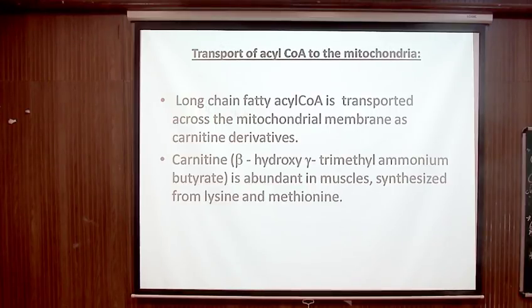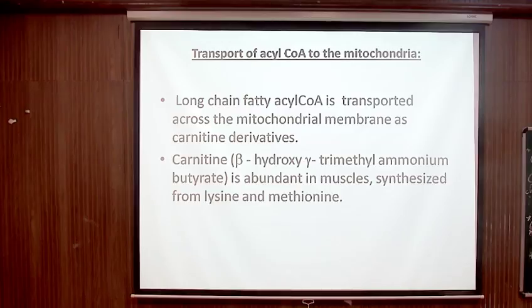So this long chain fatty acyl coenzyme A is transported across the mitochondrial membrane as a carnitine derivative. The carrier here is carnitine. Carnitine is nothing but beta hydroxy gamma trimethyl ammonium butyrate.